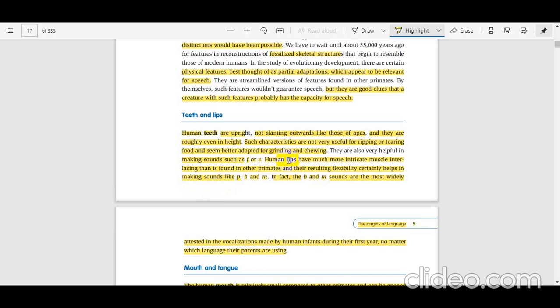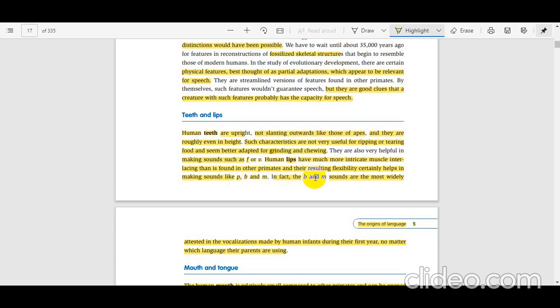The muscles in the lips are more complicated than those found in gorillas or apes. So the number of muscles found in the lips of a normal human being enables that human to produce some of the consonant sounds like p, b, and m.